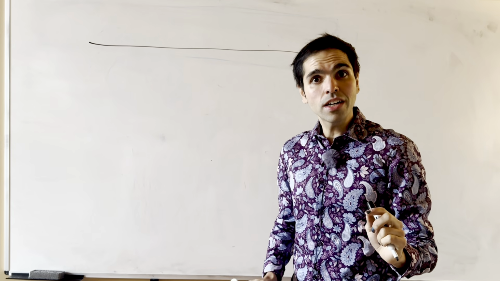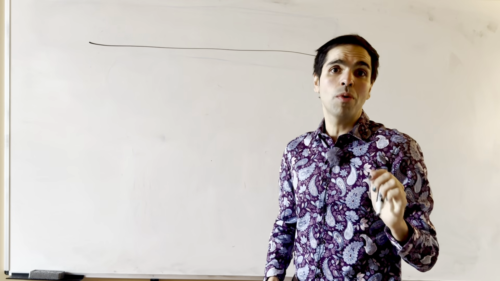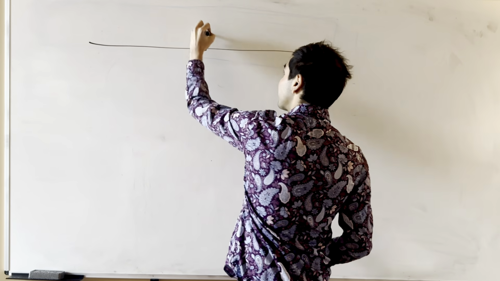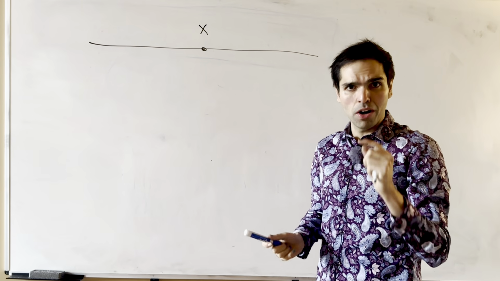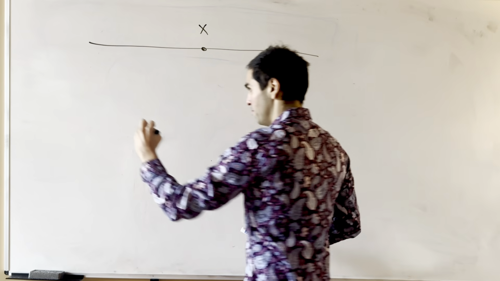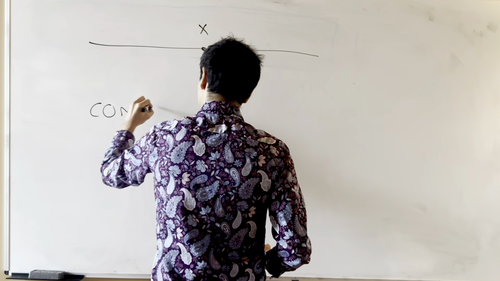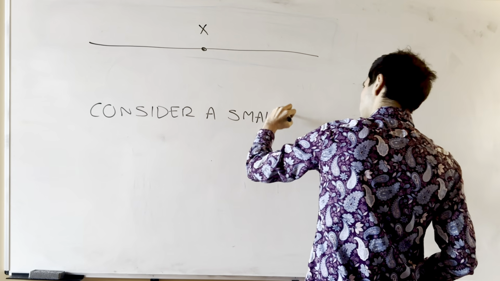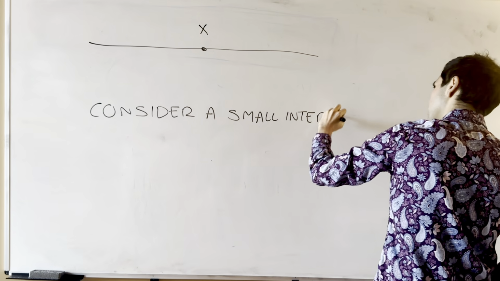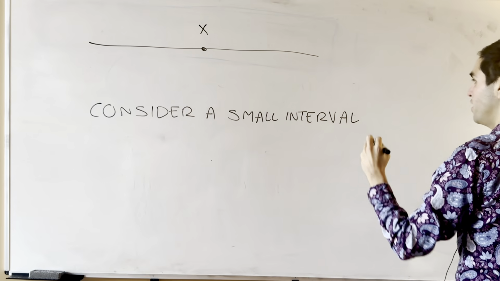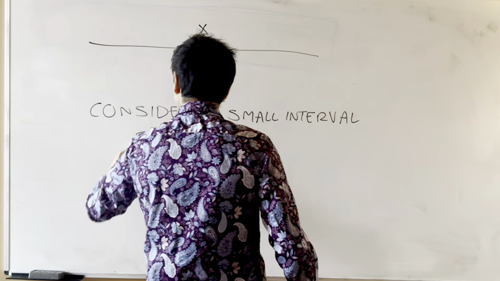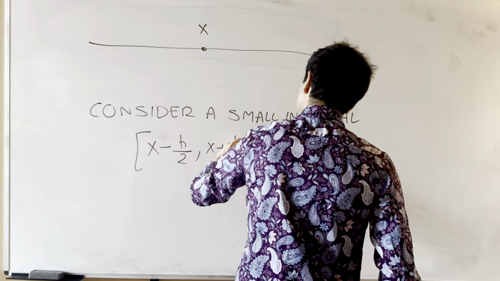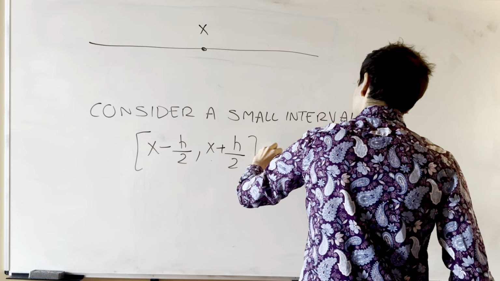And now what we want to consider is a very small neighborhood of x. So let's fix x and consider a small interval around x. In this case, I'll explain why. x minus h over 2 and then x plus h over 2 around x.